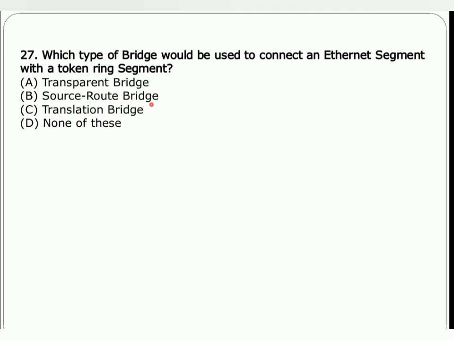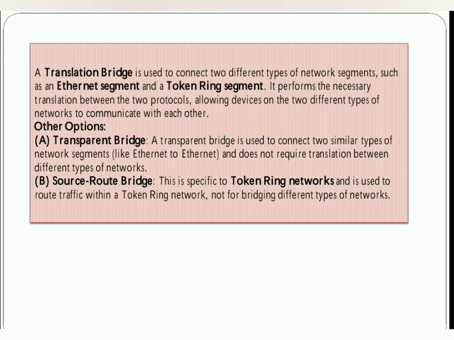Source routing is a communication protocol in which the sending station is aware of all the bridges in the network and predetermines the complete route to the destination station before transmitting. Token ring uses this method. So the answer is the translation bridge. We will use source routing in the token ring network.